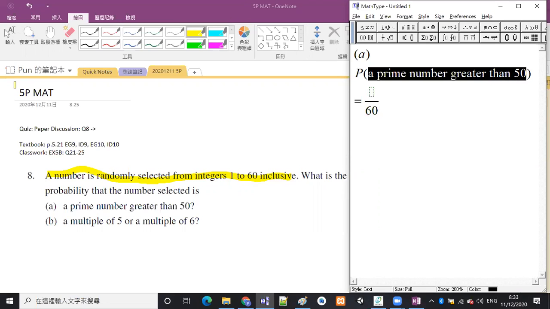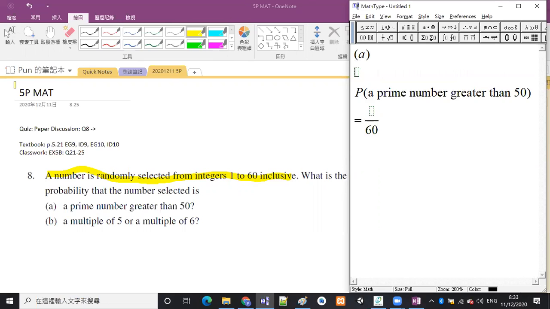Greater than 50 means that it should be 51, 52 up to 60. But it should also be a prime number. So what are the prime numbers greater than 50? Is 51 okay? No. 52? No. 53?